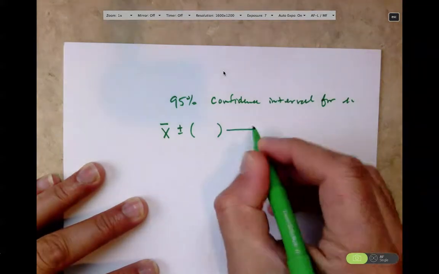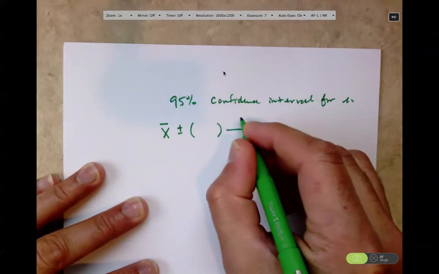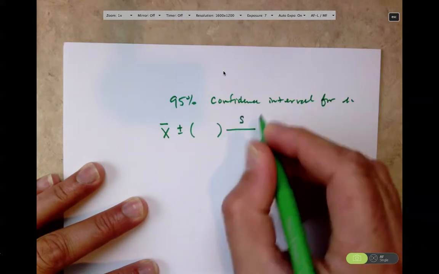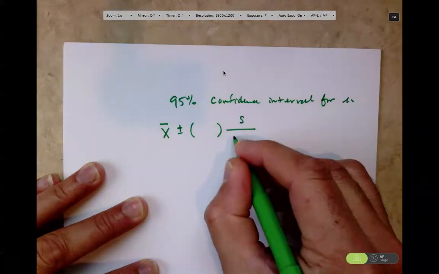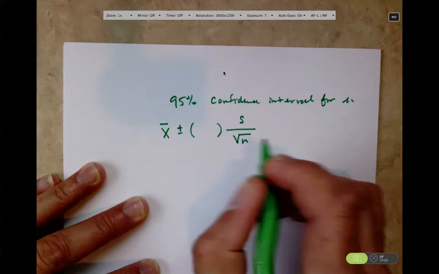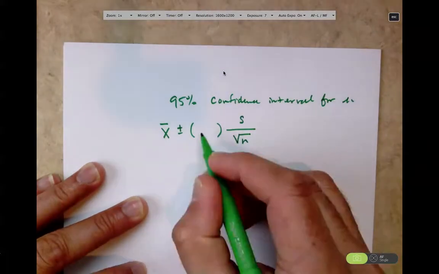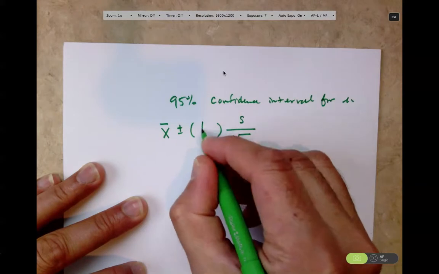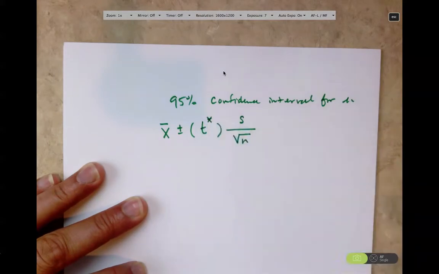And then we usually had sigma divided by square root of n. Now we're going to have s, the sample standard deviation, divided by the square root of n. All right, now instead of putting a z star in here, we're going to put in a t star.